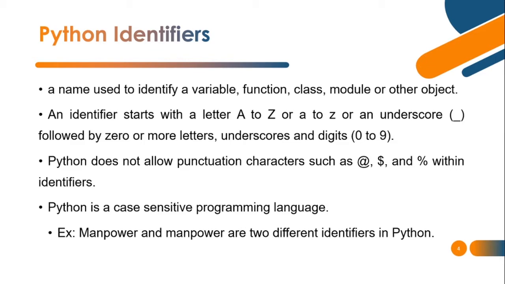Python does not allow punctuation characters such as the ampersand, dollar sign, and percent sign within identifiers.